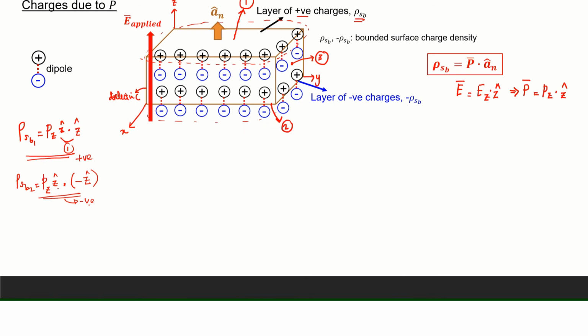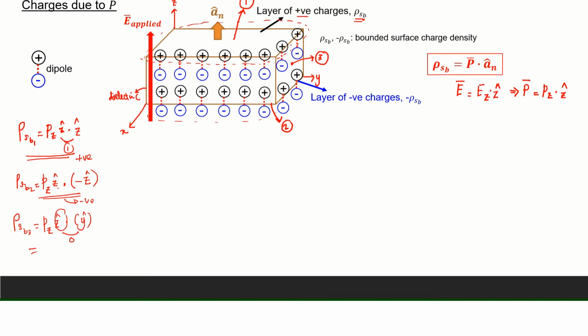How about surface number 3, at this particular part? For rho SB3, our polarization is still in the z direction, and the surface direction is in the y direction. When the dot product is of different directions, it gives us 0.